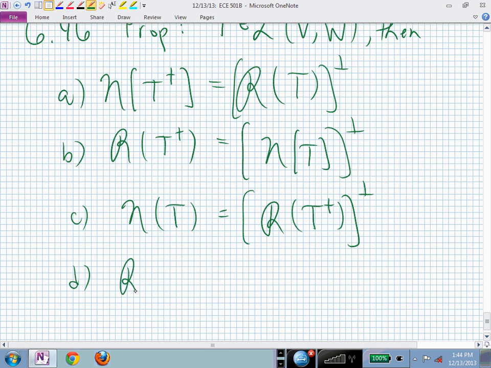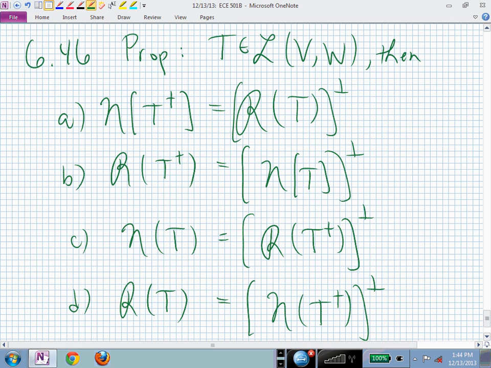And the only other one we haven't looked at is the range space of T, and you can anticipate what that's going to look like. That's related to the null space of the adjoint in the form of its orthogonal complement. So that's a relationship on the linear map T and its adjoint. If you're given one, you can start to build up basis vectors for the other in terms of where they belong.